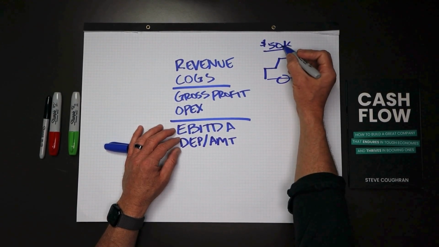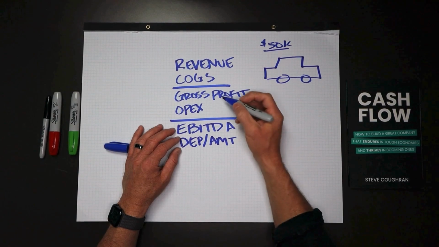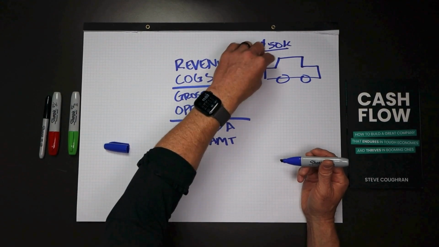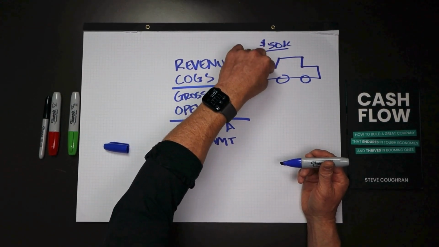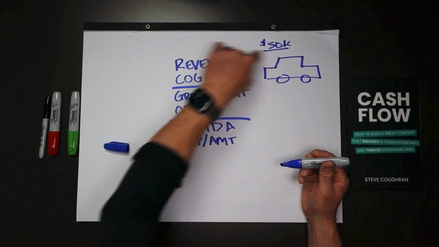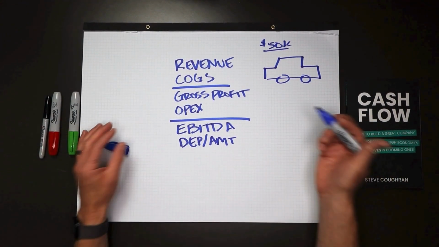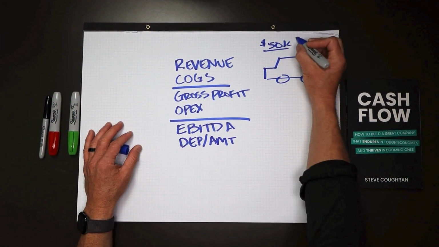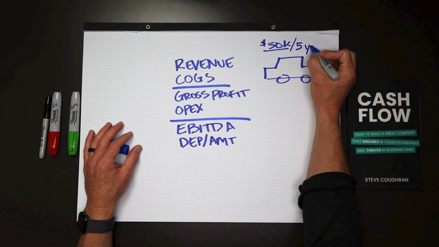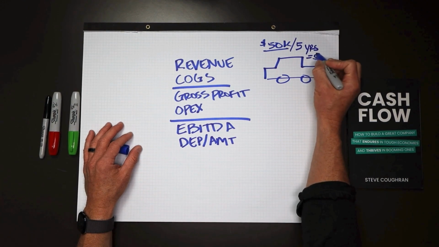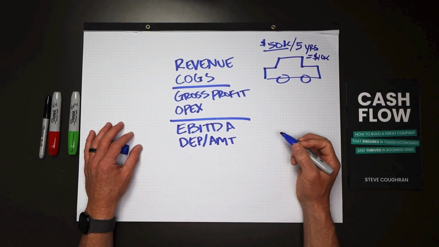Now, you can't just record the $50,000 as an expense in 1 year because the IRS and generally accepted accounting principles, GAAP, says no. You have to recognize the depletion of the truck or the economic benefits of the truck over its useful life, over the period in which you're going to use it. So instead, you say, okay, this truck's going to last for 5 years and then it's going to be worth zero. So we'll depreciate it over that time period, 5 years. And that equals $10,000 per year in depreciation.